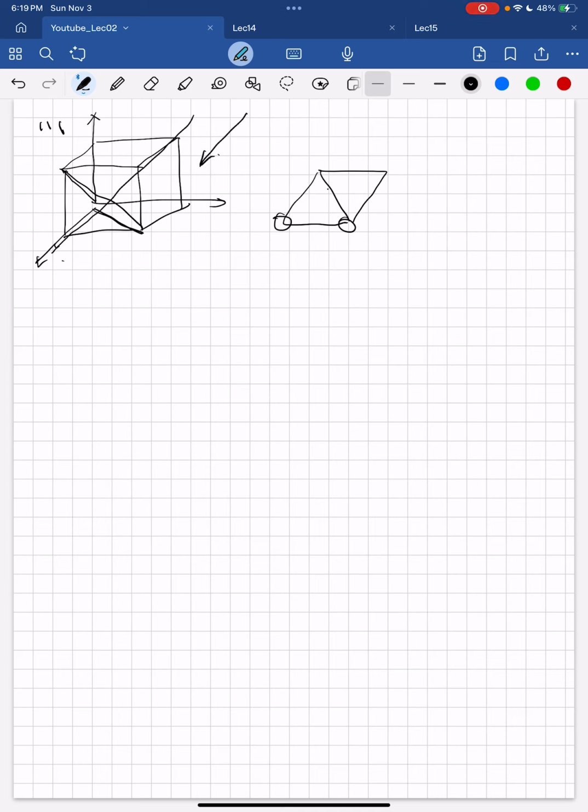This is the key point here: the body center of this cube is not included in the 111 plane. Not included in the 111 plane. This is very important. It will be very handy to know this when you learn crystallography.